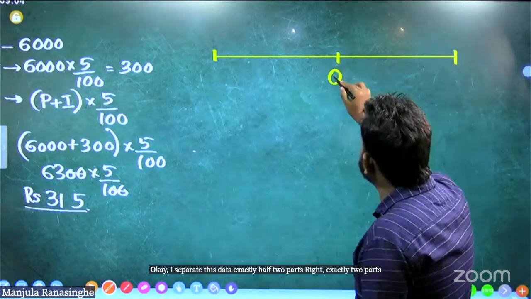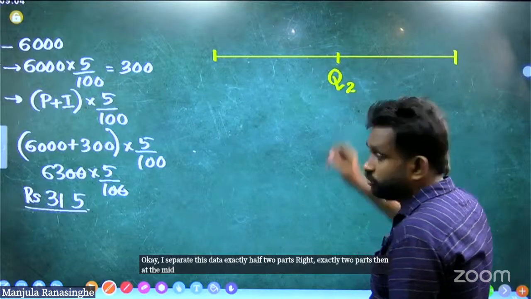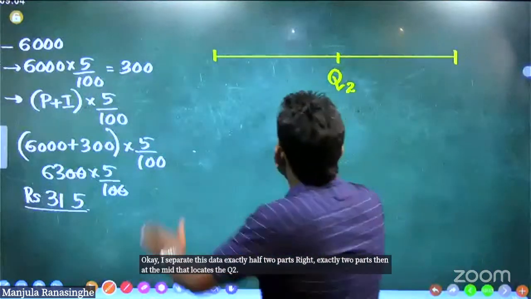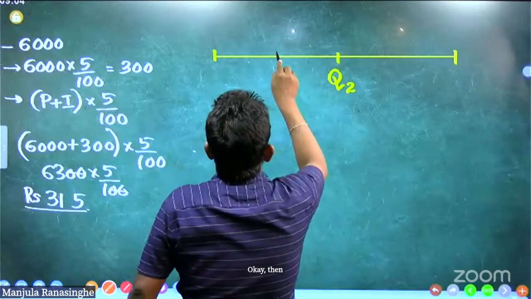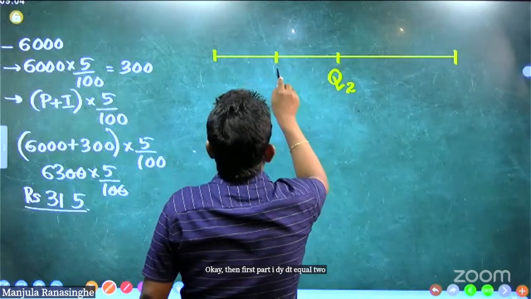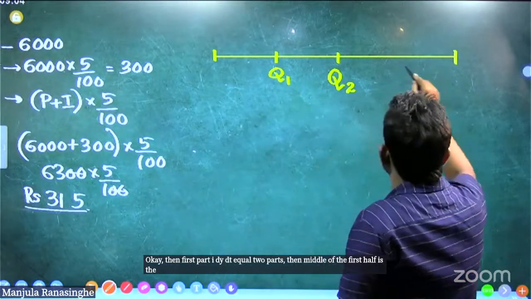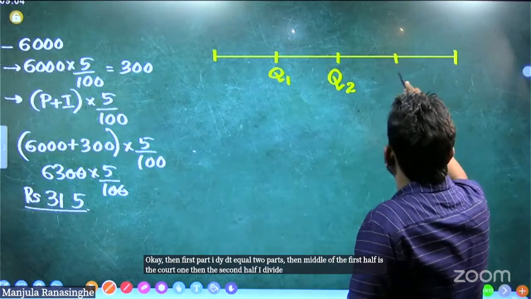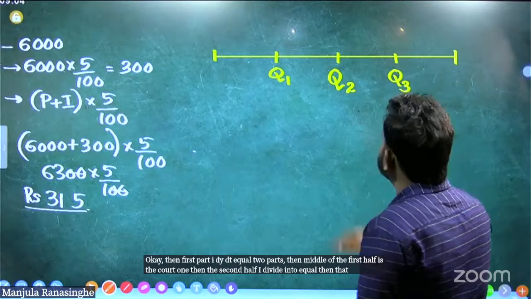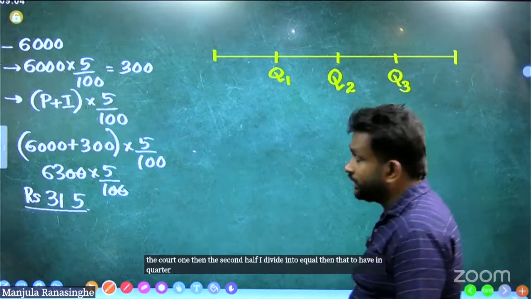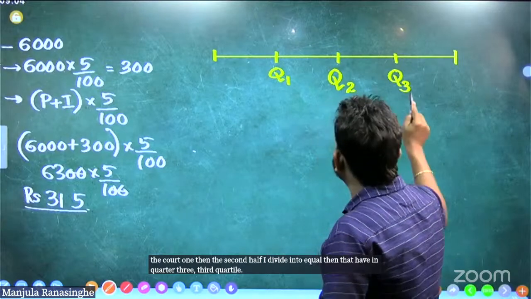At the mid, that locates Q2. Then the first half I divide equally into two parts. The mid of the first half is the first quartile. Then the second half I divide equally into two, and that gives the third quartile. Here: first quartile, second quartile, and third quartile.